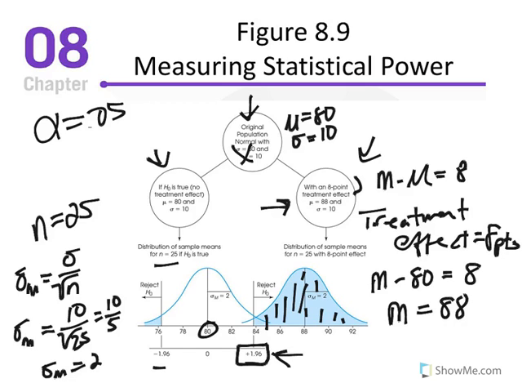It's the larger proportion. So at this point, we could conclude that the probability of accurately rejecting the null is pretty high just by visually assessing the value, or the probability or proportion of scores, I should say sample means, in that treated group that's illustrated in that blue area.